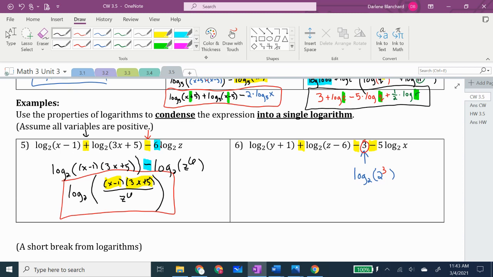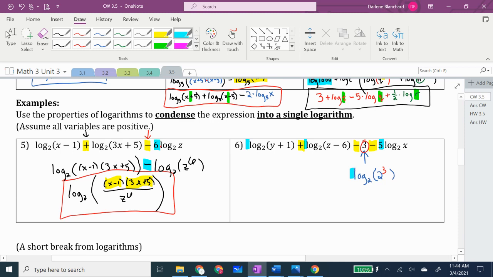Then the other thing you want to notice is you have a multiplication by 5 here outside the logarithm. And other than that, you have a logarithm not having something multiplied, another logarithm not having something multiplied, and another logarithm not having something multiplied.